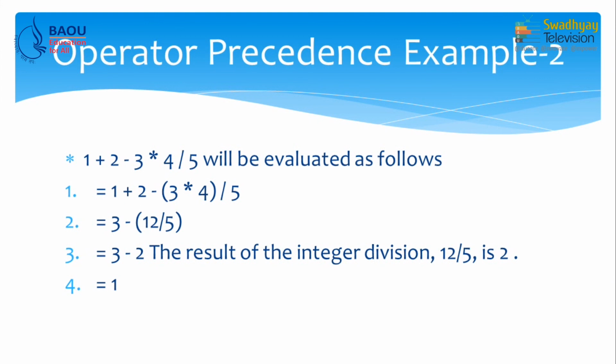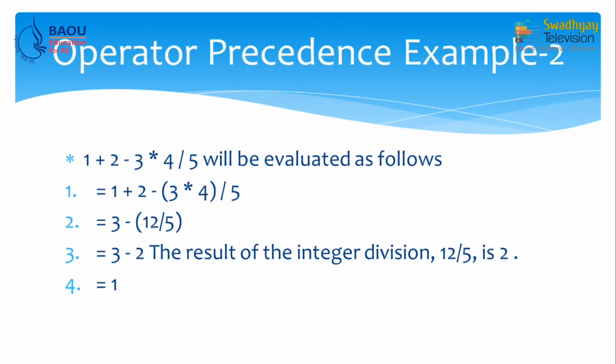We know that the multiplicative operators have higher precedence than additive. So, obviously multiplication and division will be evaluated first, but remember multiplication and division have the same precedence. As we mentioned earlier, operators with the same precedence are evaluated from left to right. So, 3 * 4 is evaluated first. In the first line you can see 3 and 4 is evaluated, and whatever answer we get will be divided by 5.